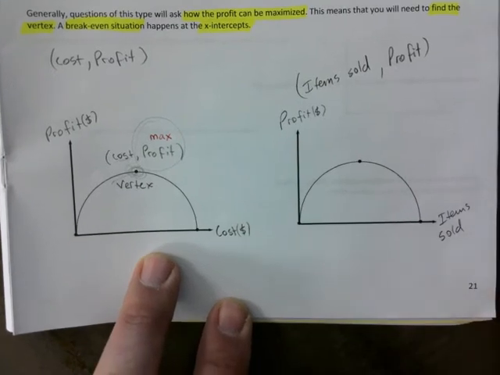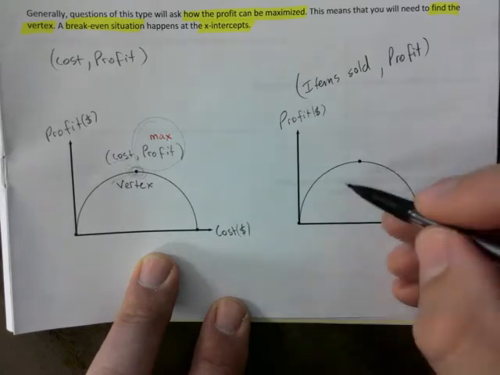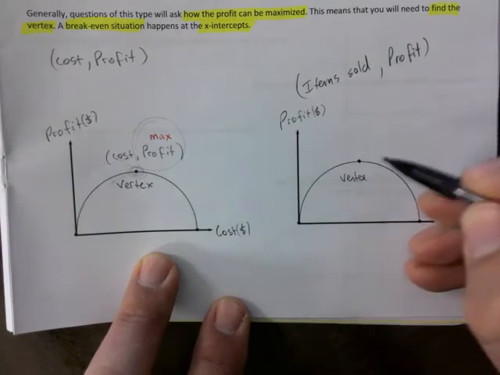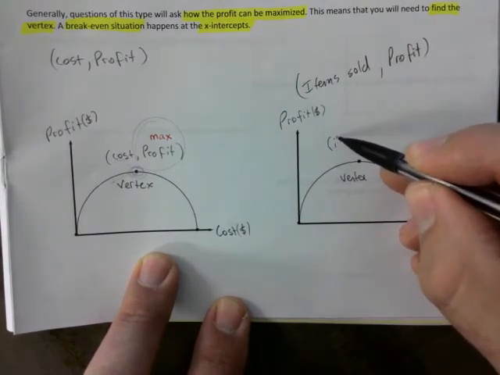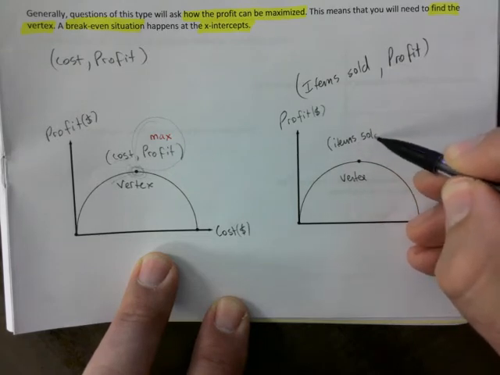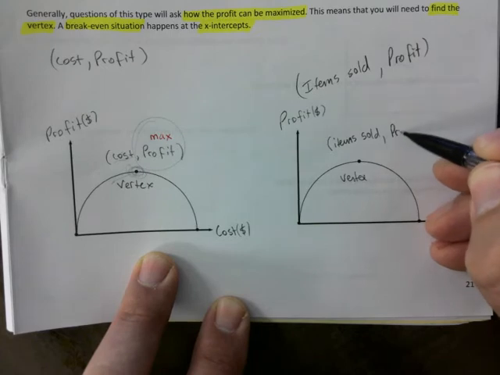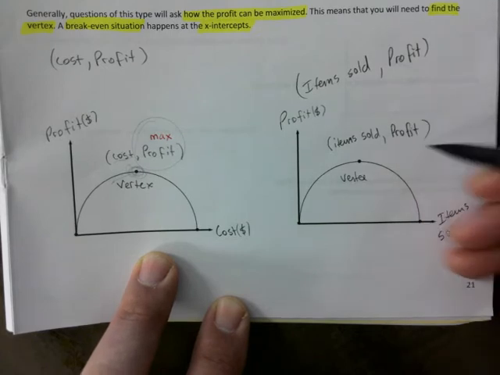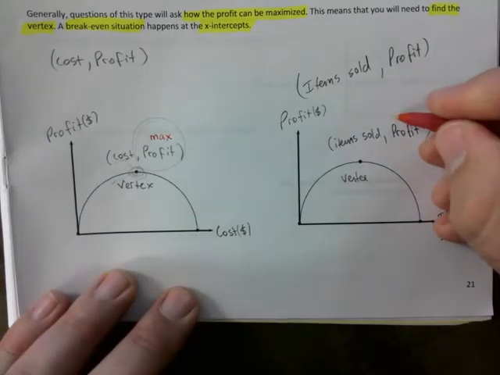That's the one where the units are not going to be very important, because you're just going to say number of switches sold, right? That's your units and everything. Again, vertex. And this will give you the items sold that will provide you not just any profit. What kind of profit? The maximum profit, right?